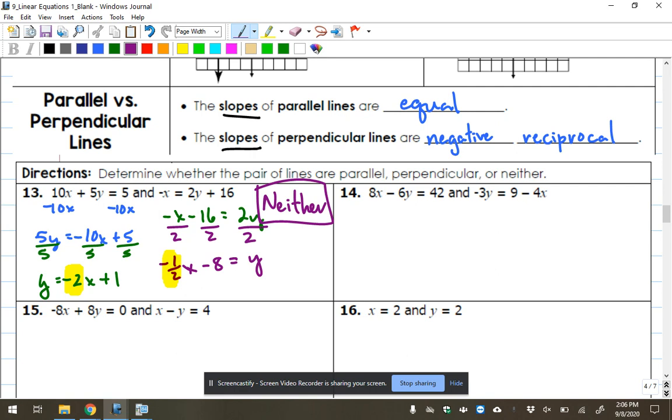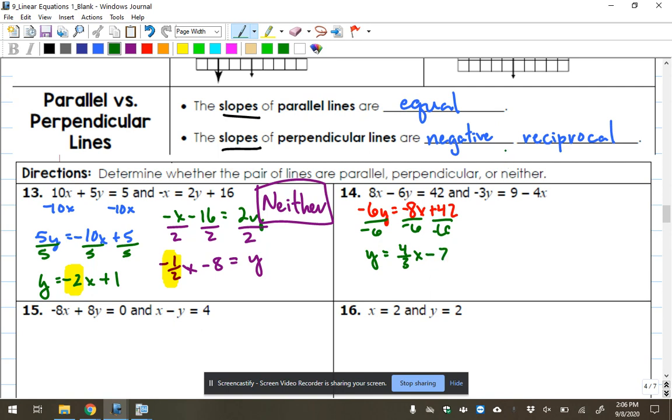Let's do 14. Get them in slope-intercept form. So negative 6y is equal to negative 8x plus 42. Divide by negative 6. y is equal to 4/3 x minus 7.